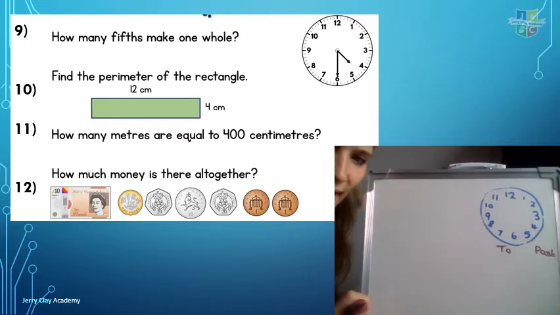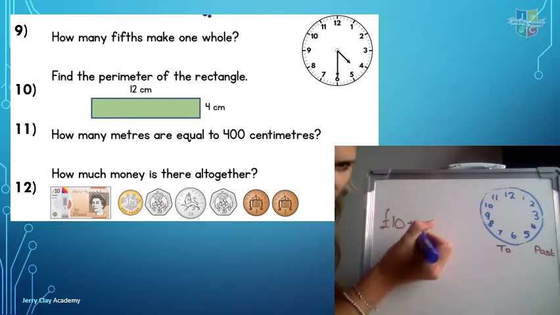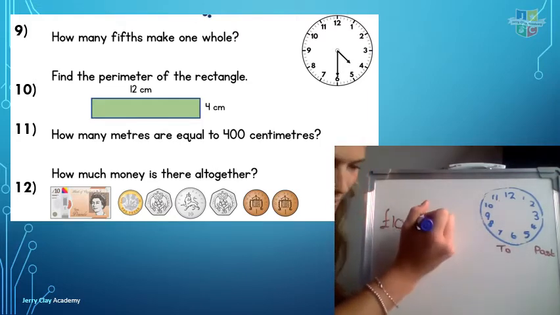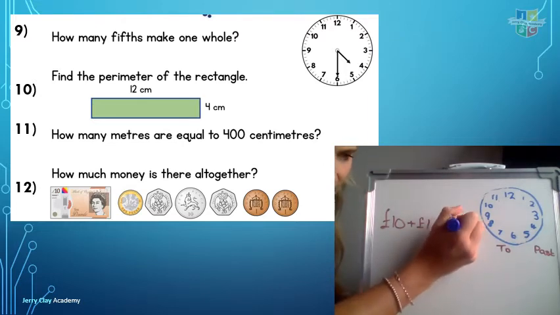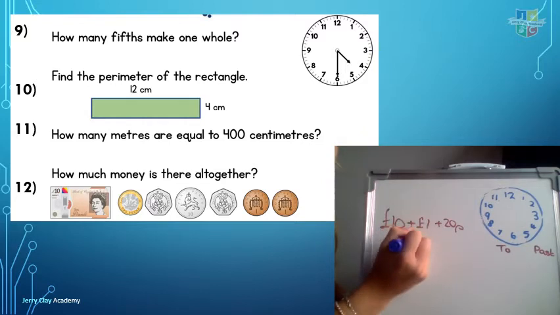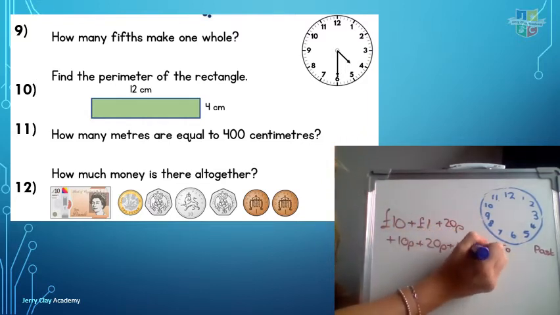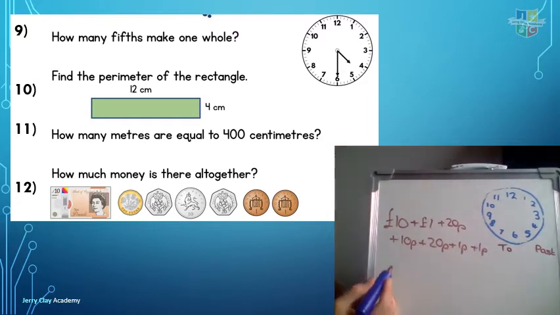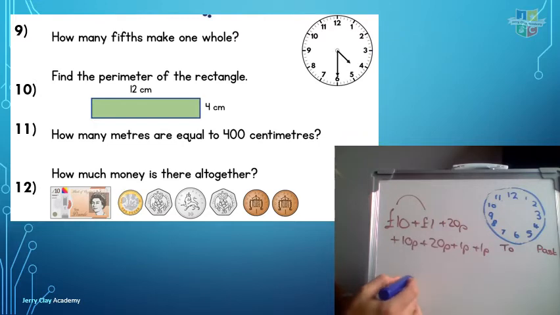And number 12, how much money is there altogether? So if I write out, I've got £10, I have got £1, I have got 20 pence, 10 pence, 20 pence, 1 pence, and 1 pence. So if I add up what I've got first, I've got 10 add 1, which is £11.